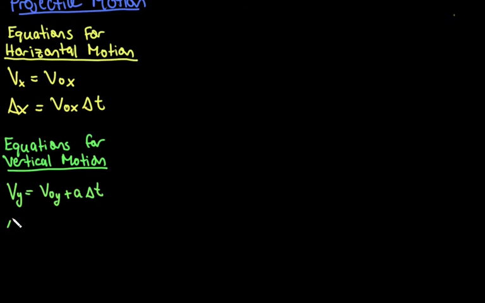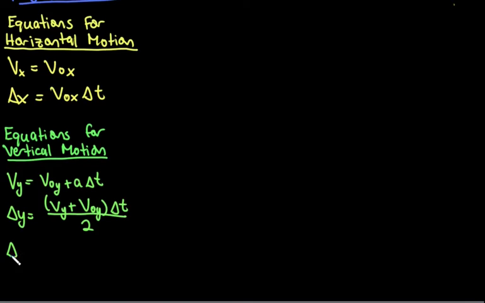The second formula is delta y. So this is our displacement in the y direction, and we're specifying it with the y here, is equal to your final velocity in the y plus your initial velocity in the y times delta t divided by 2.